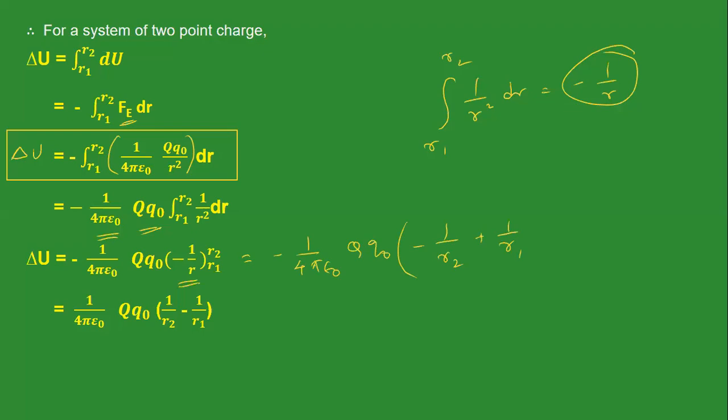Then if you take a minus common, we get 1 upon 4 pi epsilon 0, Q Q0, 1 by R2 minus 1 by R1. So this equation, you can see, is the same equation written here.